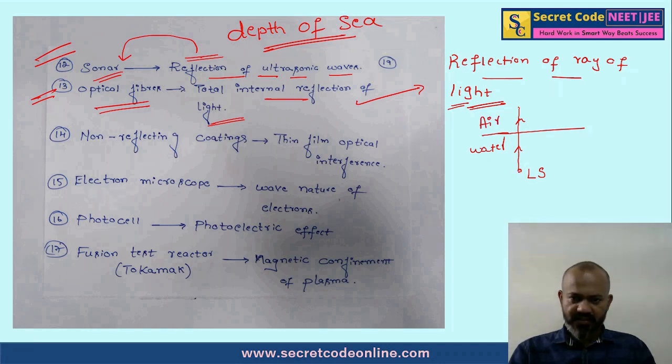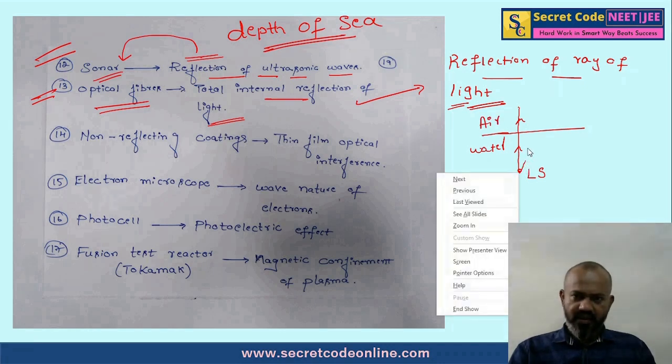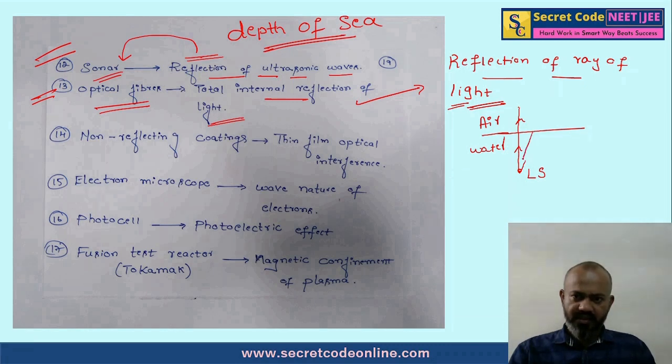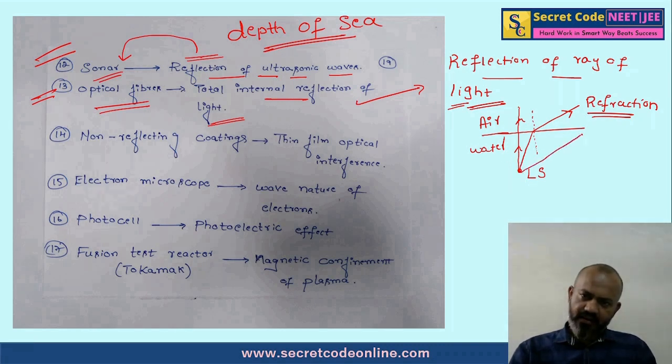Another ray will come here and it will get refracted, not reflected. Refraction will take place, and this is the normal. And when the ray goes like this, it will come back.